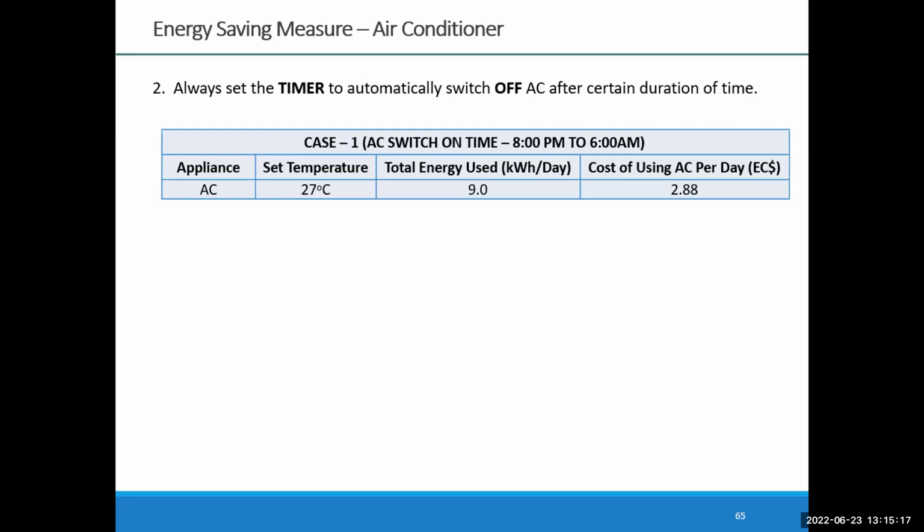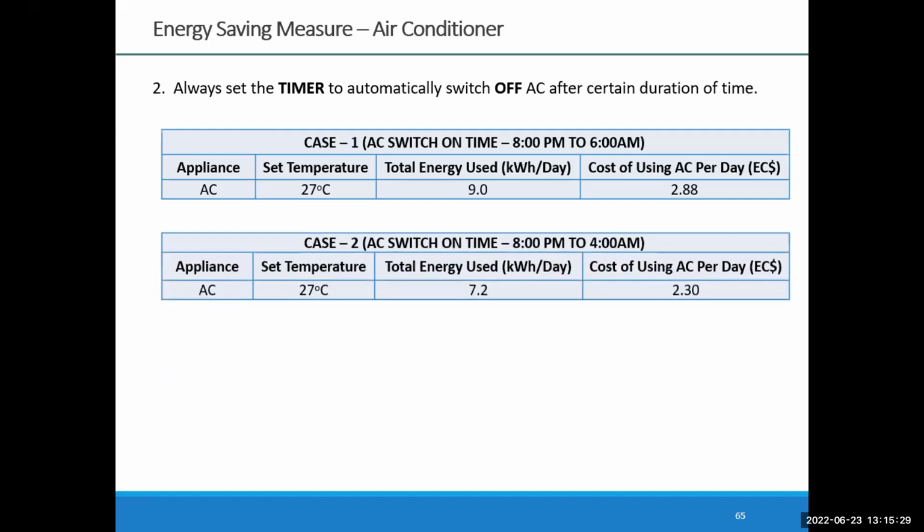If we are in case one, we can see that the AC switch on time is 8 p.m. to 6 a.m. In case two, we are using a timer to switch off the AC at 4 a.m., so that you are reducing the operating hours by 2 hours.